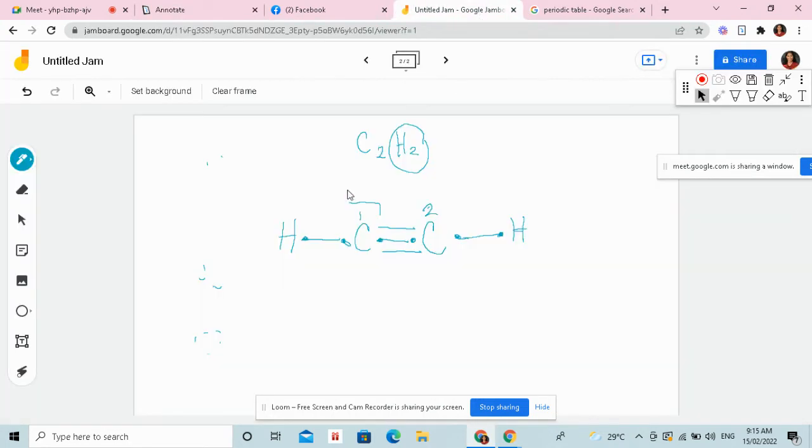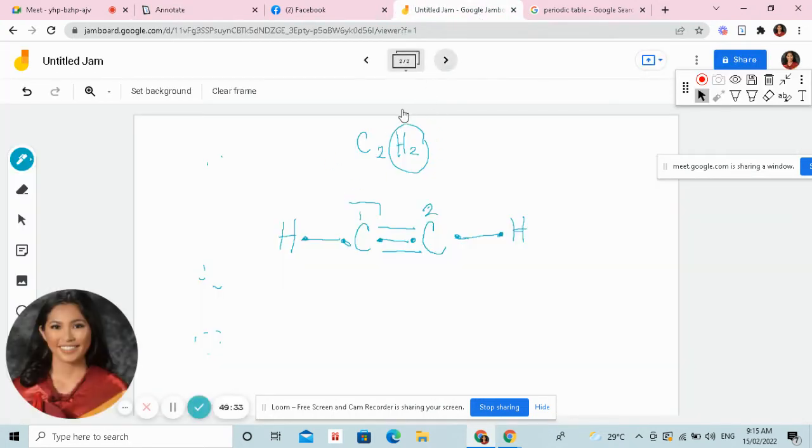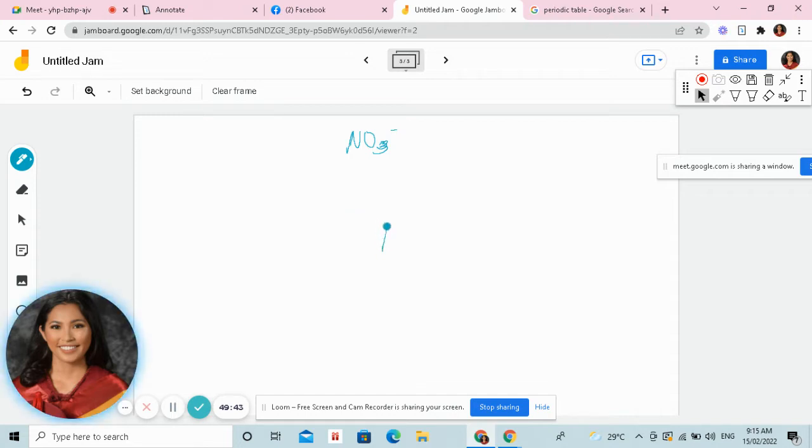Okay, so let's write that one. NO3 minus. We have nitrogen with 1, 2, 3, 4, and 5. Then we have 3 oxygens: oxygen 1, oxygen 2, oxygen 3.